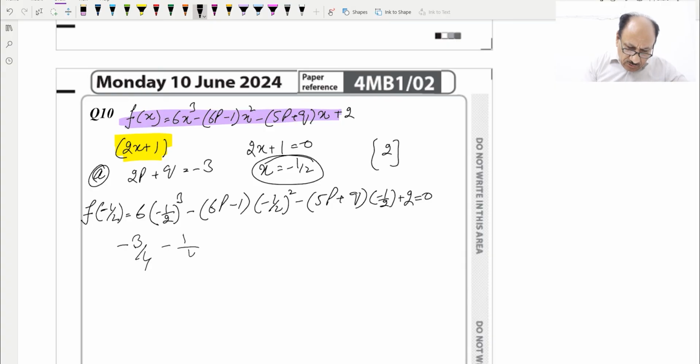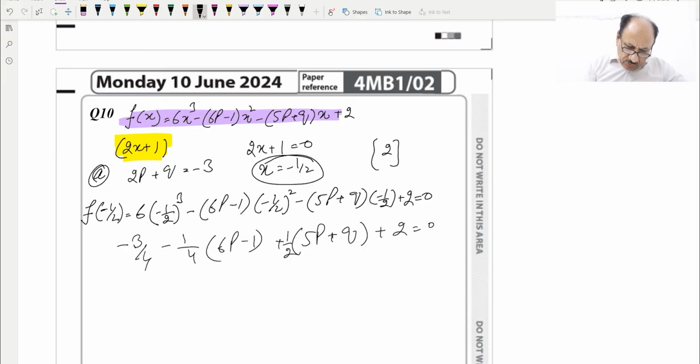So minus 1 by 4 into (6p minus 1), and minus (5p plus q), so we can write it as plus 1 by 2 (5p plus q). If you are understanding, it's fine. Otherwise, if you're not understanding this simplification, you need to revise the algebra portion.